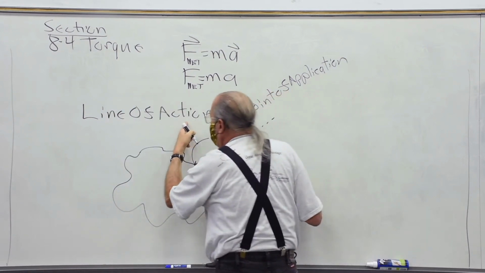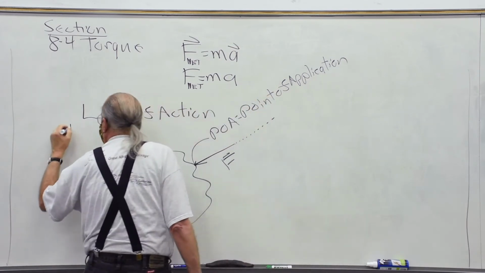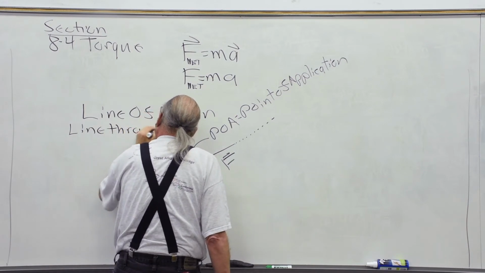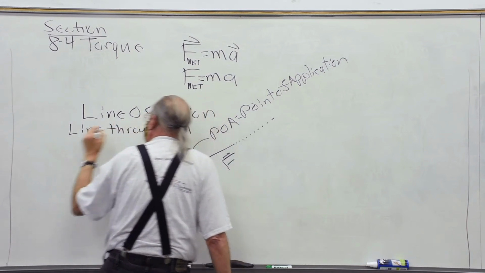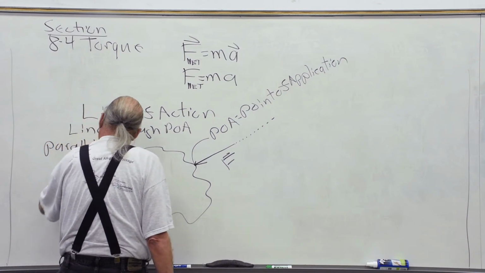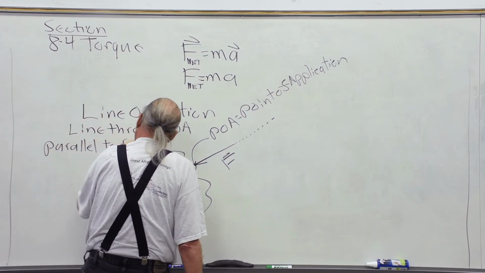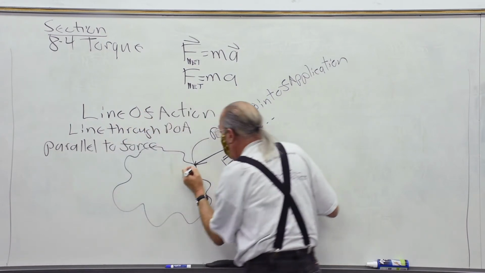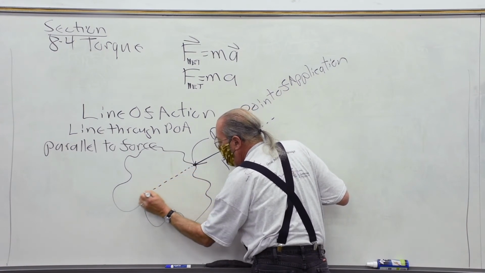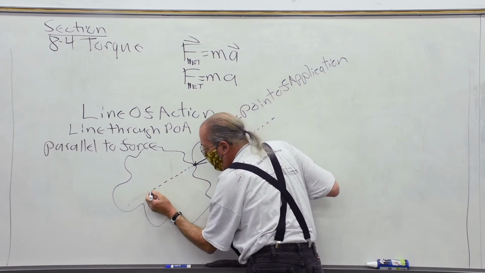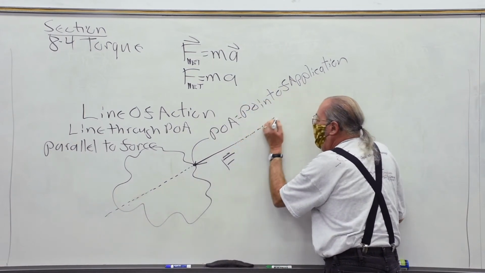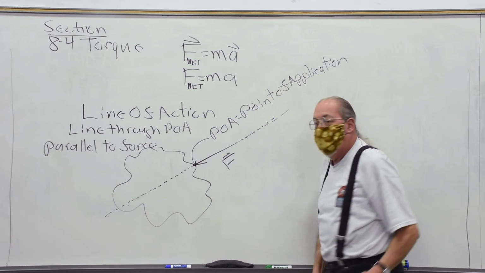So the line of action is a line through the point of application parallel to the force. There's the point of application. Here's the force. So this is the line of action, and it goes in front of and behind it.